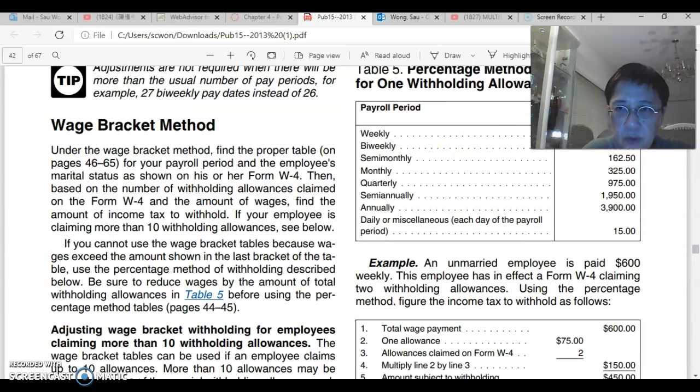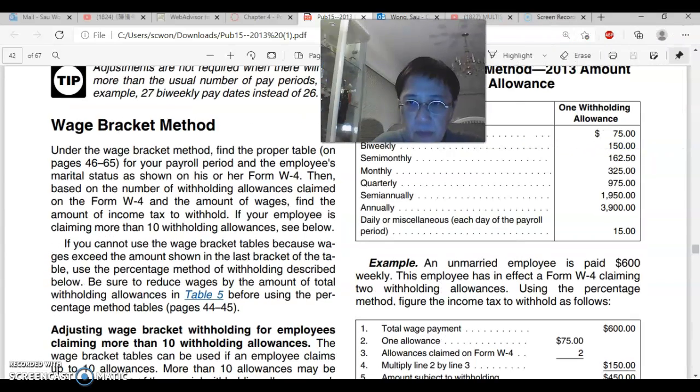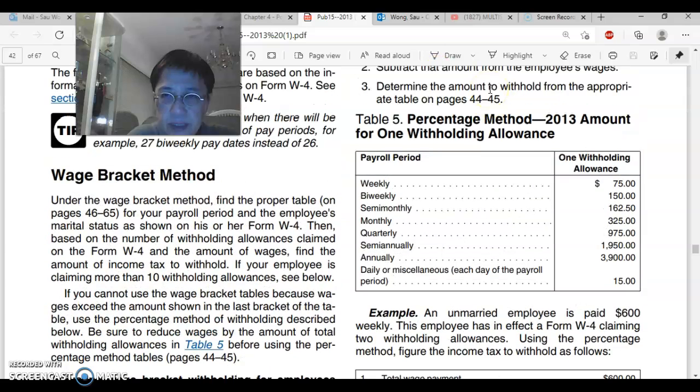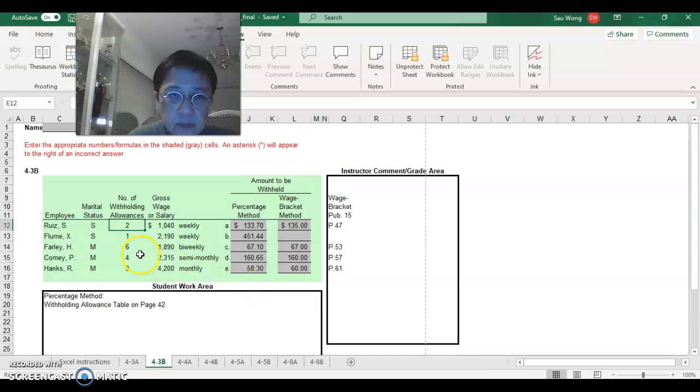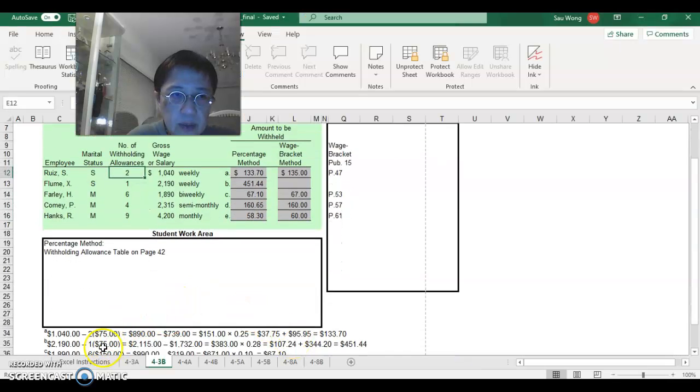Okay, here is our withholding allowance table. As I said, this is one withholding only. On a weekly basis, one withholding allowance is $75. Biweekly it is $150, and if you have 2 allowances, you take $150 times 2. On the first one, I have already calculated it for you.